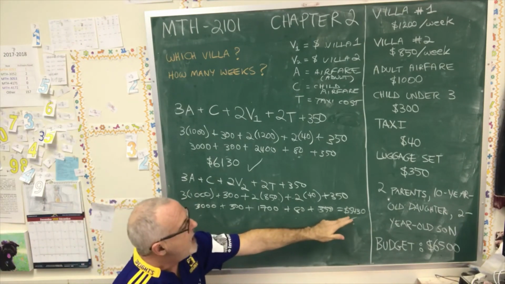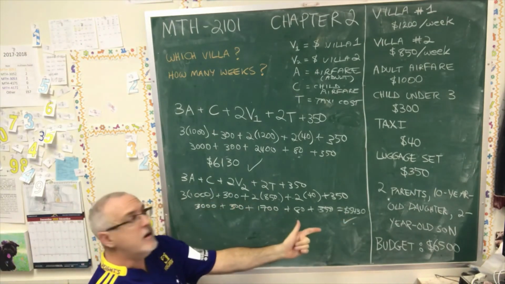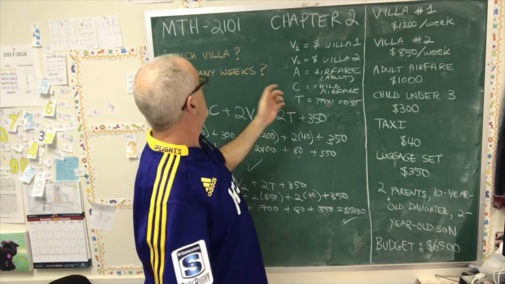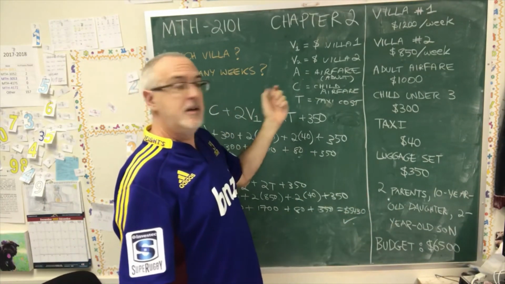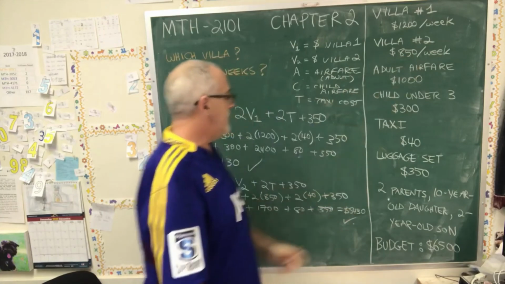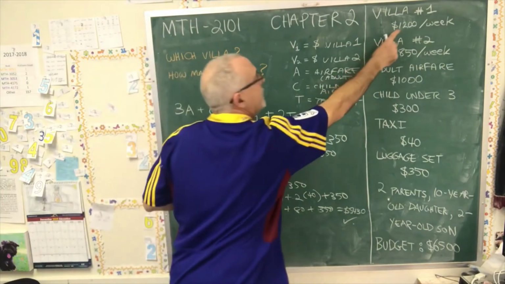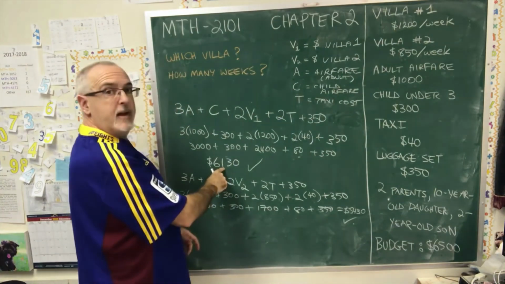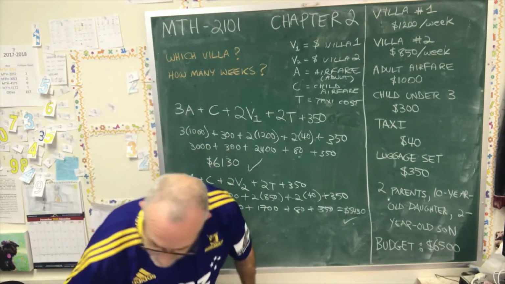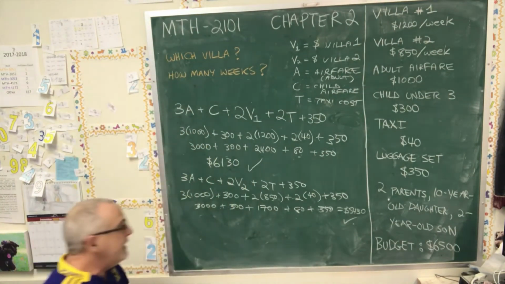have an idea. Wait, let's do this again, but we'll consider 3 weeks with villa number 2. It's pretty obvious that we're not going to be able to afford another $1,200 week with villa number 1 here, but maybe we can get an extra week out of our vacation this way.